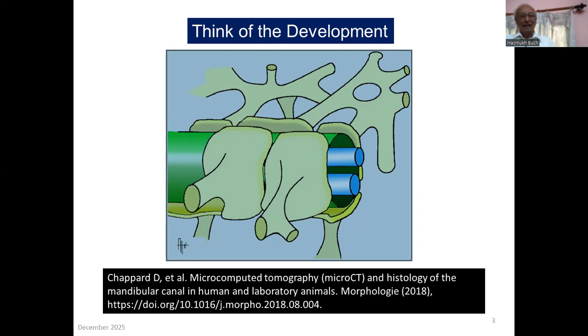It is there before the mandible develops. And then the bone of the mandible develops around that. And to start with, that bone is the cancellous bone. I will show you here. This is all cancellous bone.